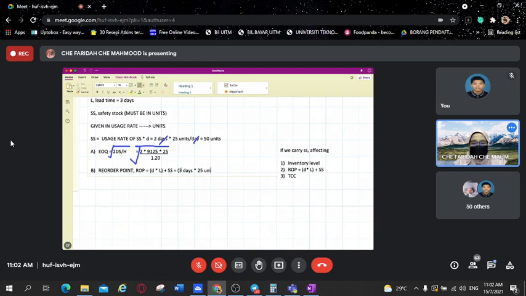Dan plus dengan 50 unit. Macam tu. Ingat tu.